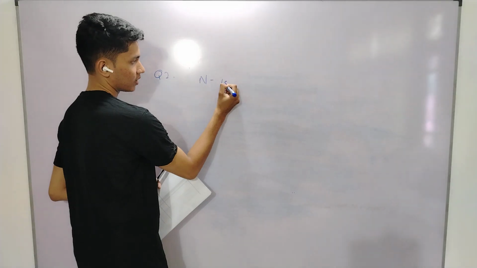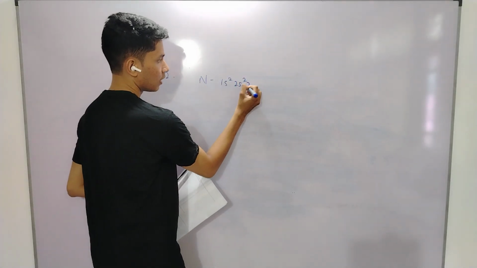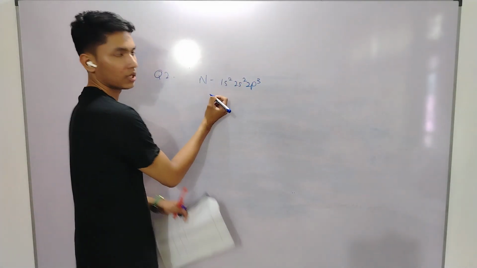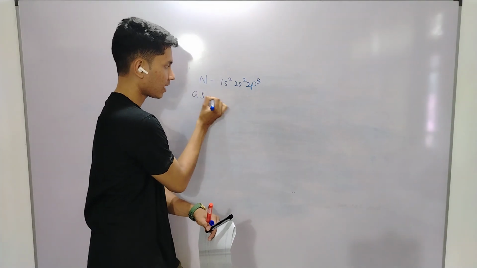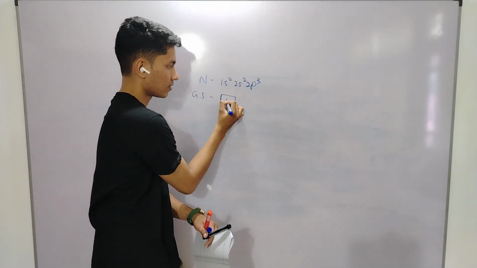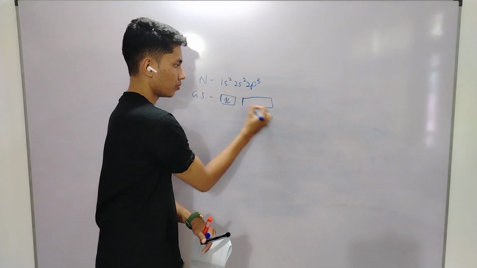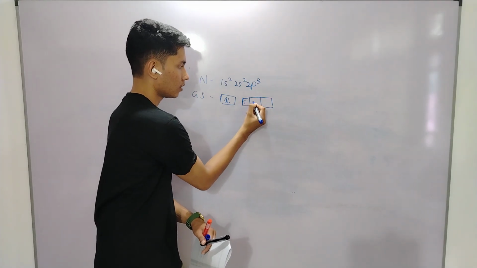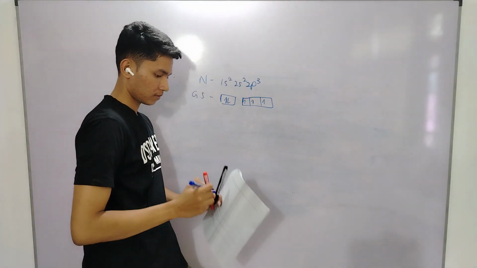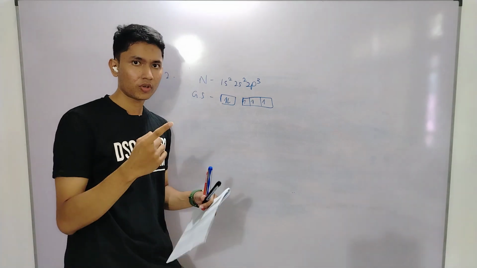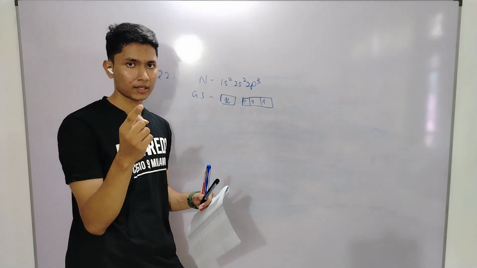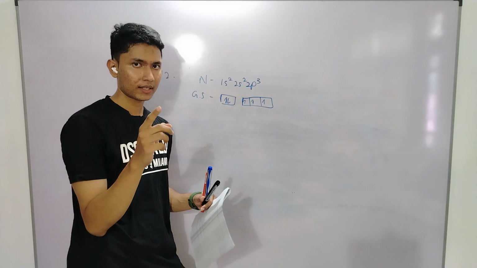The electronic configuration is 1s2, 2s2, 2p3. So how are the orbitals at ground state? 2s2, 2p, 1, 2, 3. What are the requirements to excite an atom?